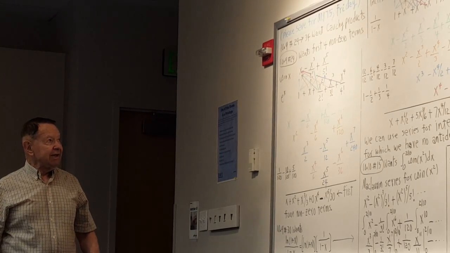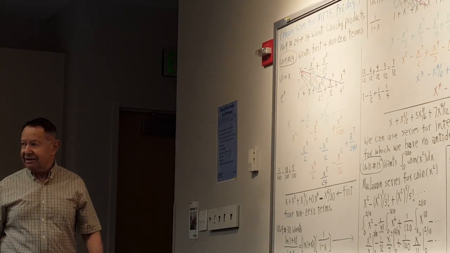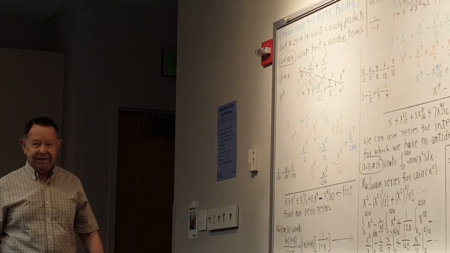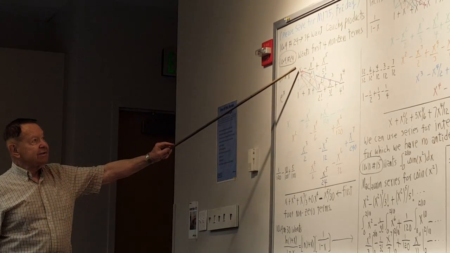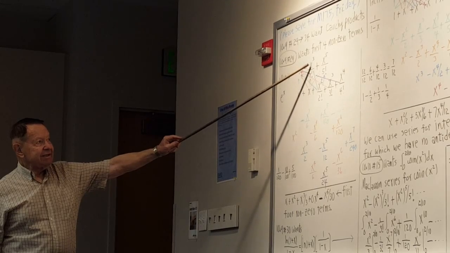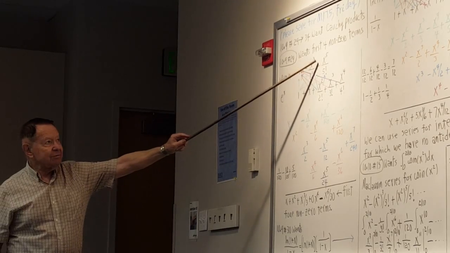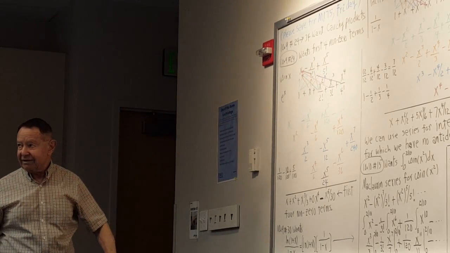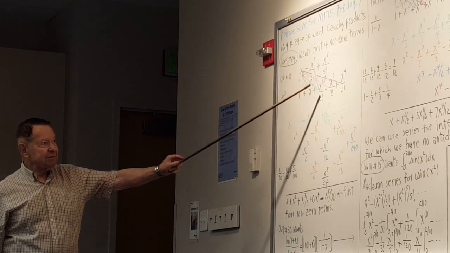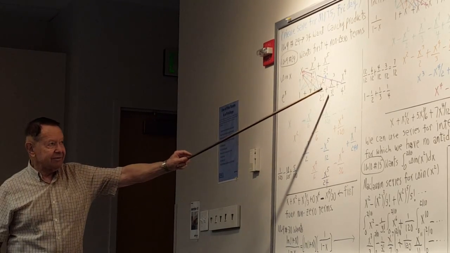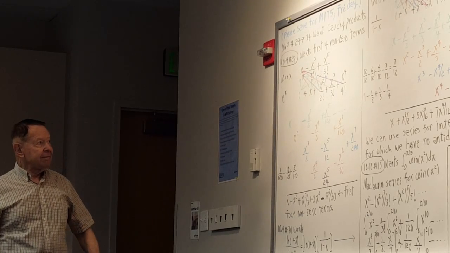And so you can find the series for sine x and the series for e to the x. So if you look, your sine x series starts x minus x cubed over 3 factorial plus x fifth over 5 factorial. And your e to the x goes 1 plus x plus x squared over 2 factorial, so on like that.